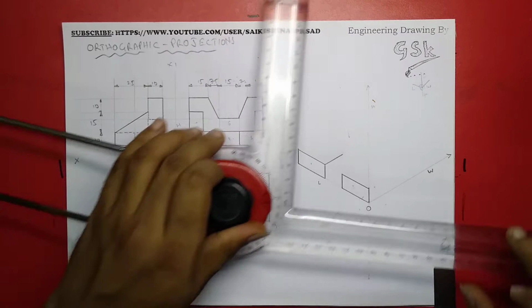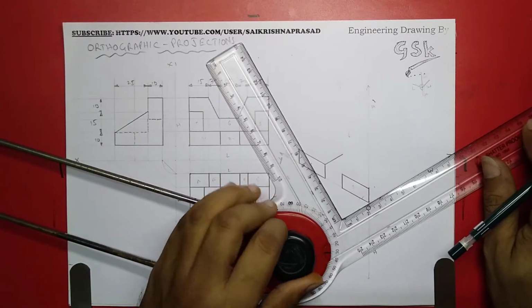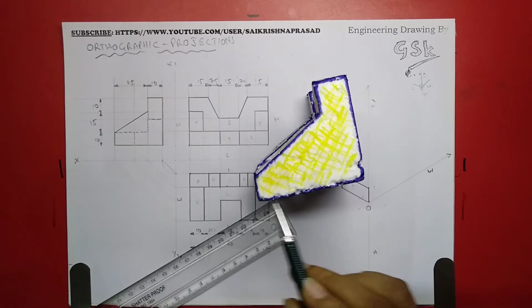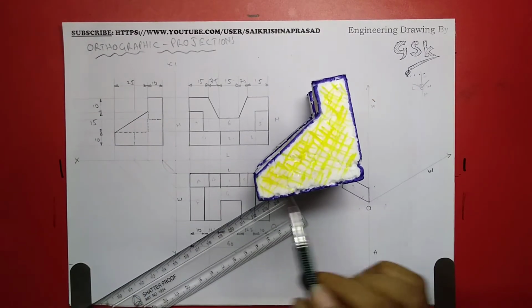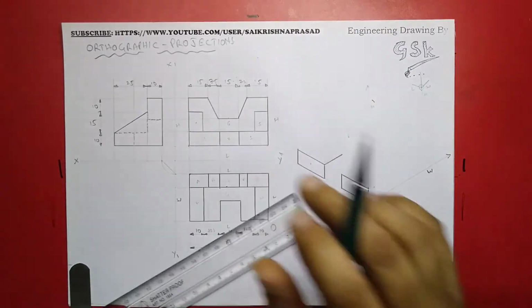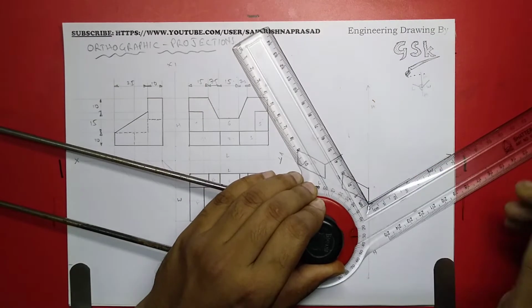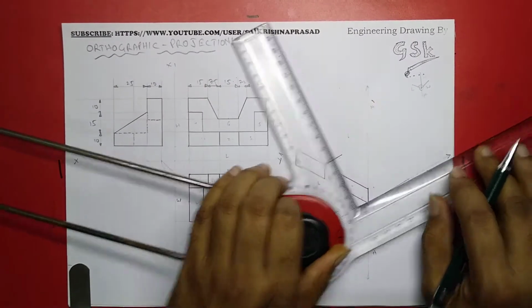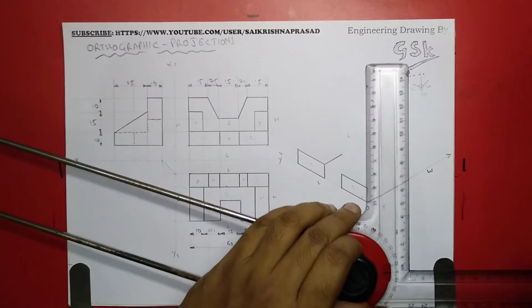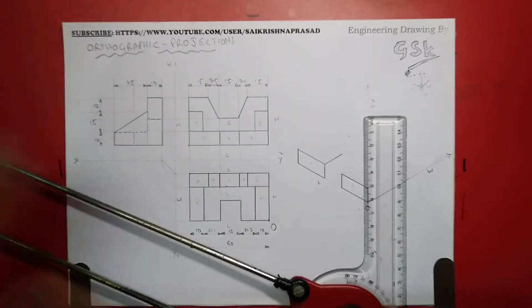Later we'll be coming for this. So the total width of this object is 35 and height is also 35.